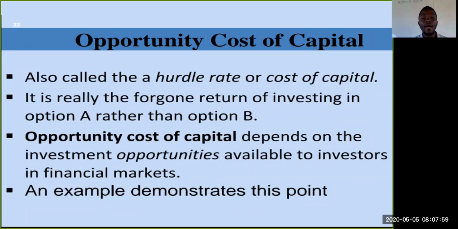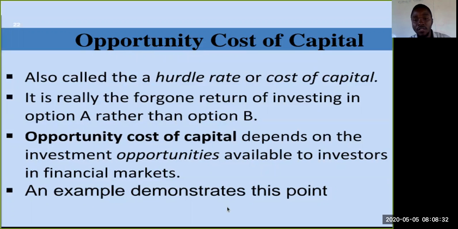You have to compare the risks and the returns of investment A, investment B, investment C. From the investments that you compare, you will come up with one single investment that you venture in, and those others that you haven't ventured in represent your opportunity cost, because they are the foregone earnings or foregone investments that you would have done.